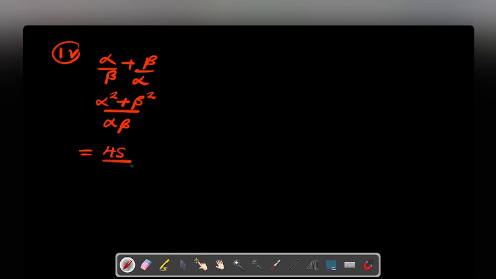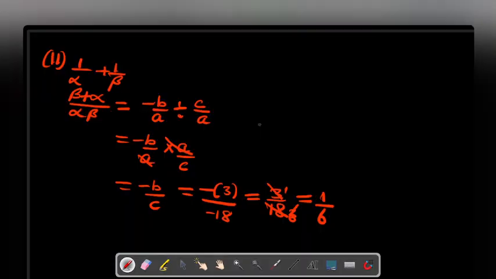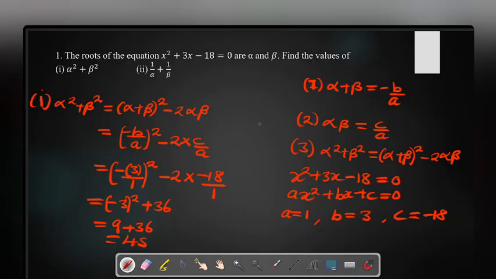You substitute, then you say over alpha beta. So that can be written as 45 divided by alpha beta. Alpha beta is c over a. So we have 45, then you divide by, we will substitute, we check for c. We can see that the value for c is negative 18 there.